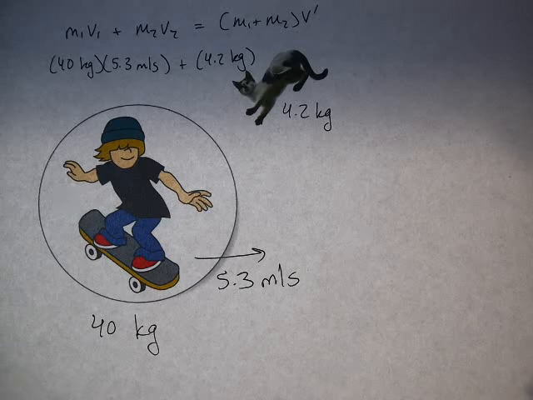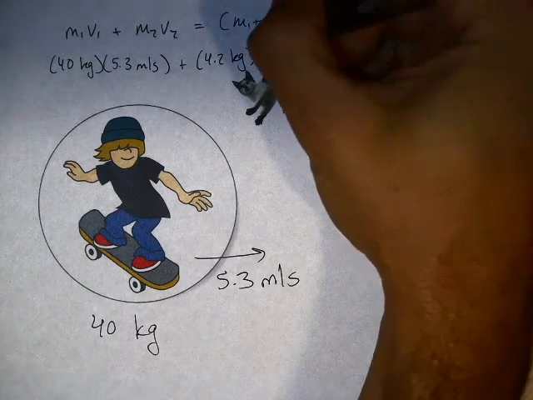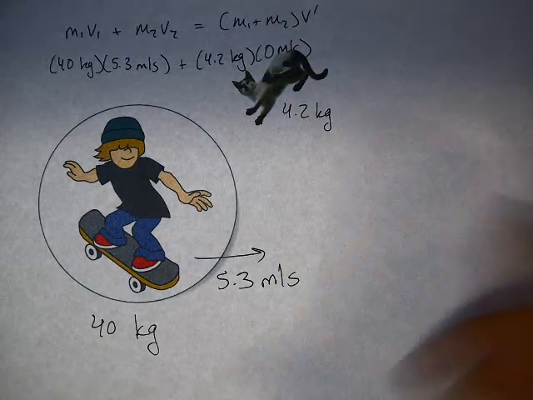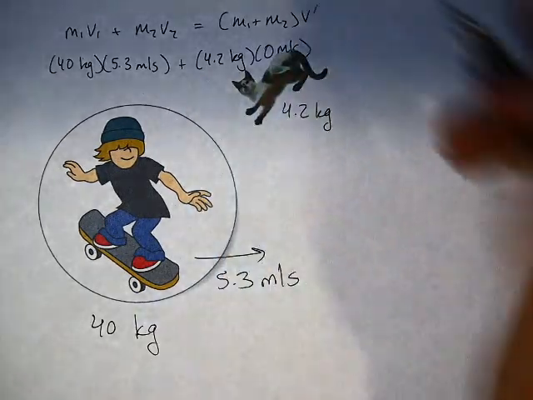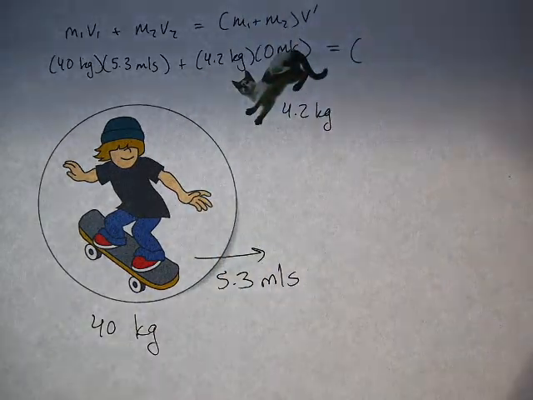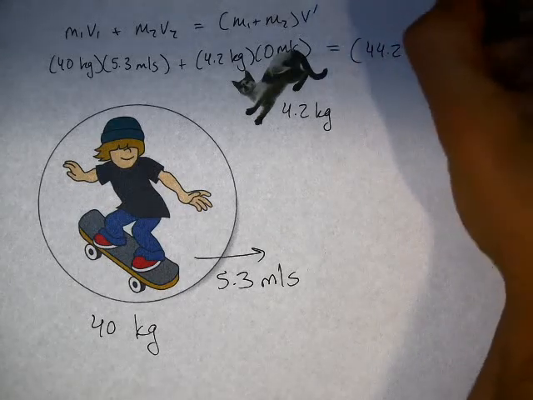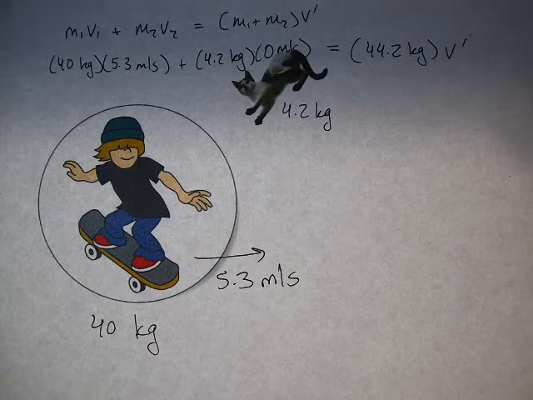And the cat has 0 horizontal velocity because it falls straight down, because that's how I set up the problem. So this is 0 meters per second. The cat's horizontal momentum is 0 equals total mass of 44.2 kilograms times v prime, the final velocity.